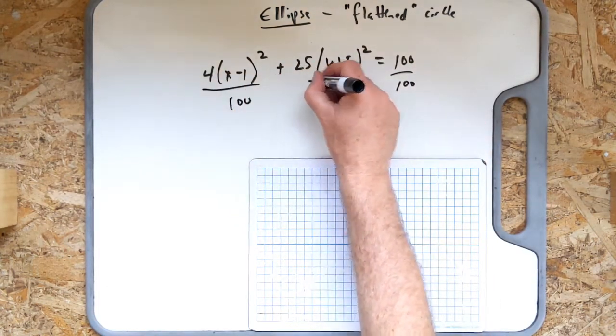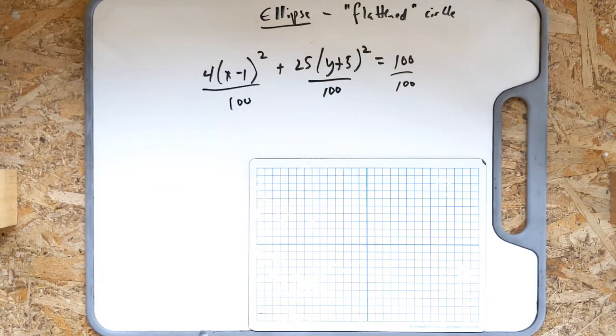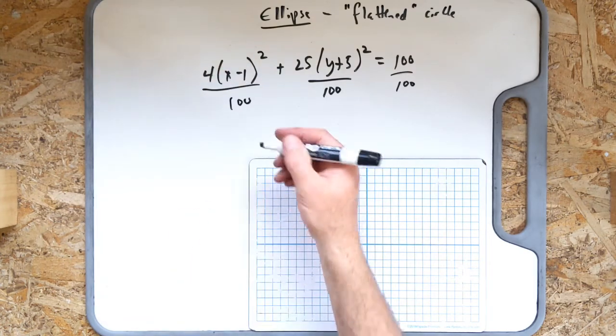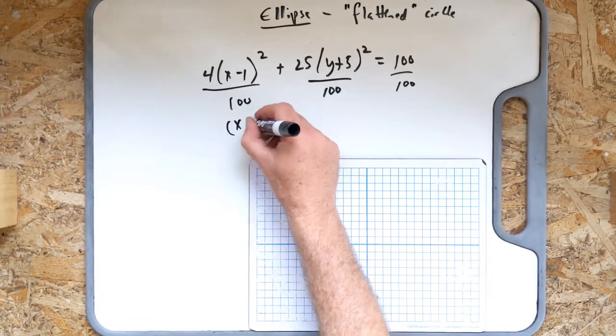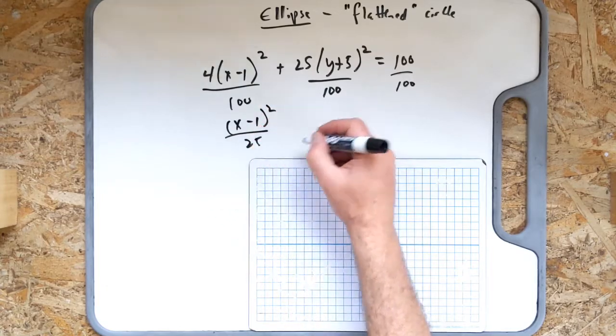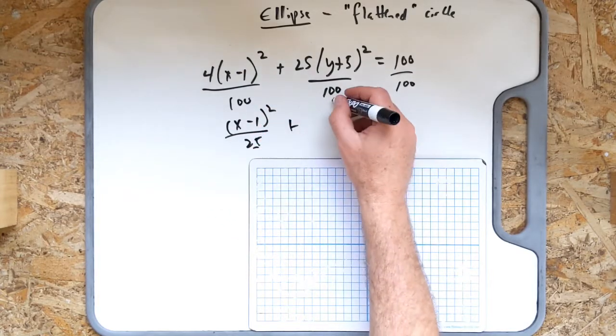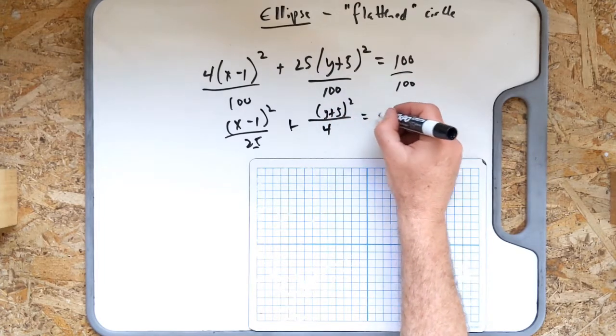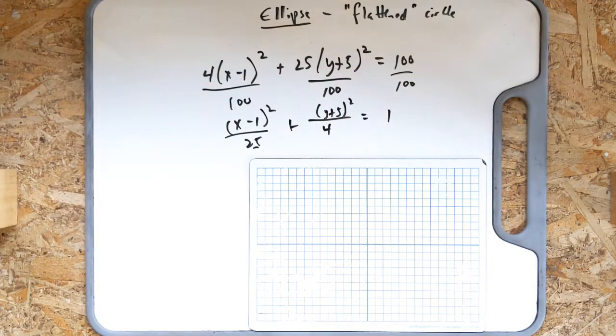If I do that, this is 4 over 100, which is 1/25. There's 25 fours in 100. So this becomes x minus 1 squared over 25 plus, 100 divided by 25 is 4, y plus 5 squared over 4 equals 1. And now it's in the correct form.